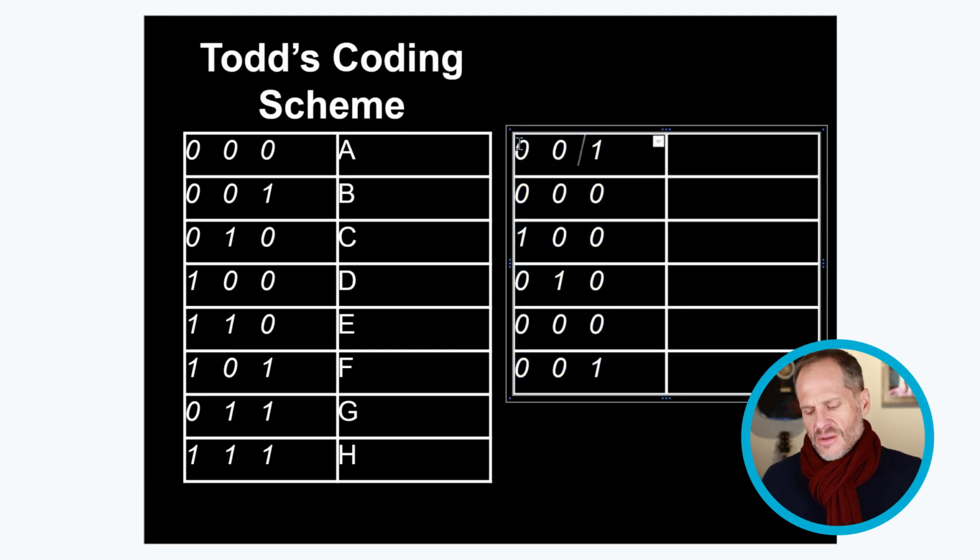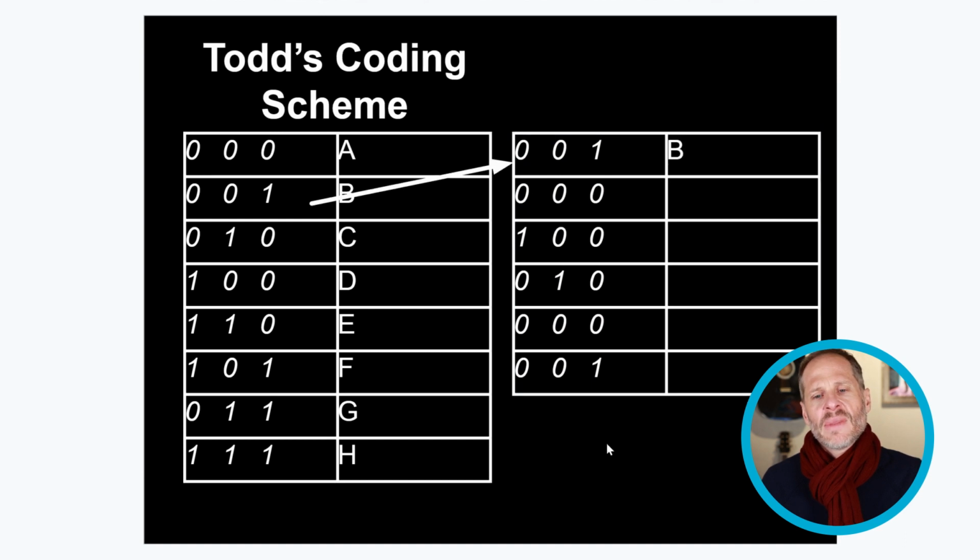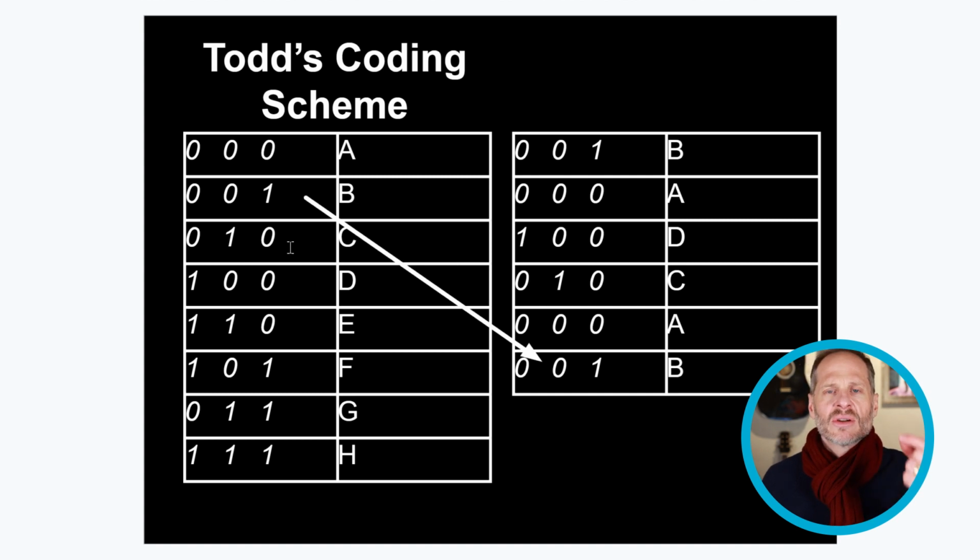So this 0, 0, 1 right there, that would be a B, right? And then this would be an A, and then that would be a D, and a C, and an A, and a B. And so we could start to have circuits, switches, transistors, and on-off states, and those on-off states could be encoded to mean something.